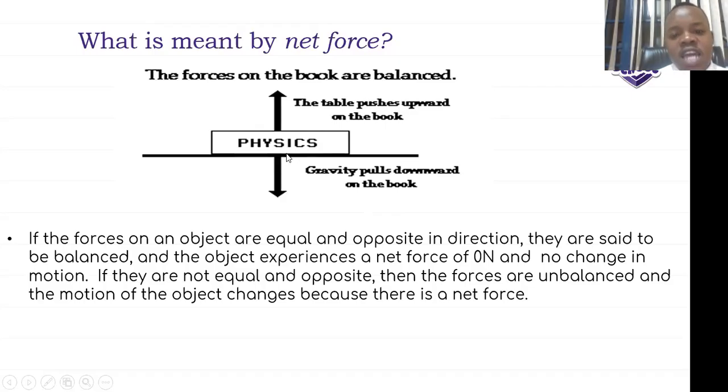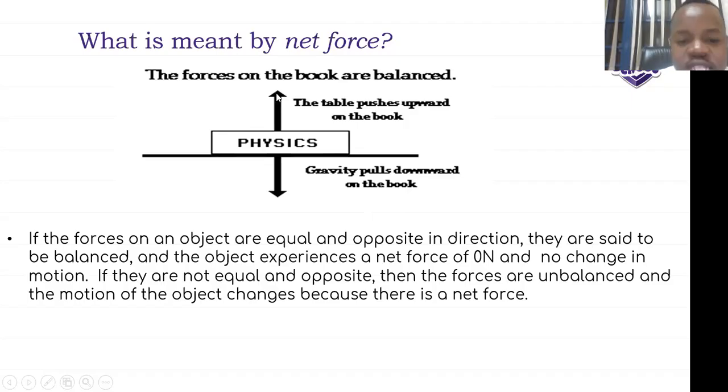It is the table that is pushing upwards on the book, because the table exerts a force on the textbook. Now, the reason this textbook is stationary is because this force of gravity has the same magnitude, meaning the same size, as this force that the table is exerting on the textbook, this upward force that we also call the normal force.